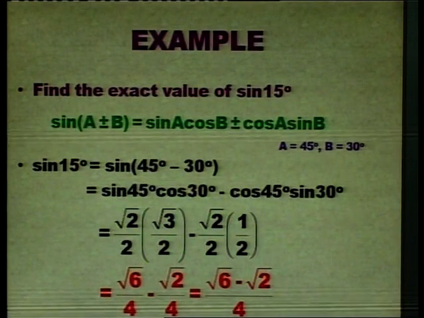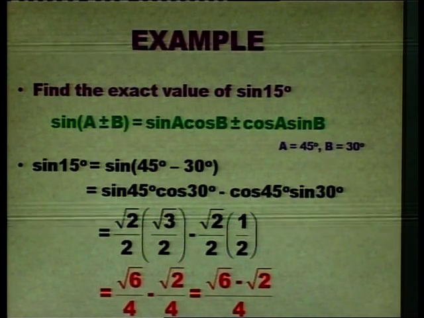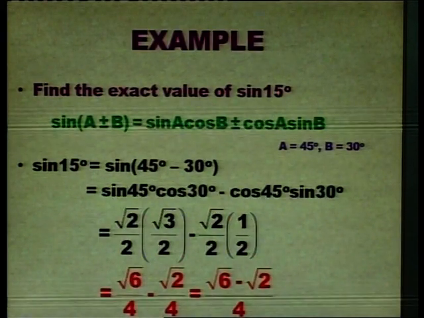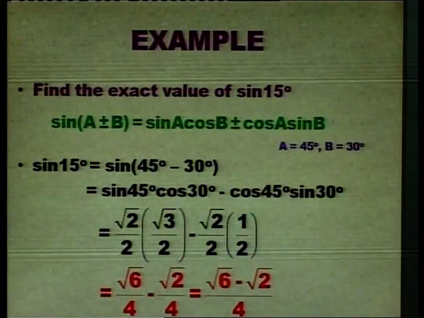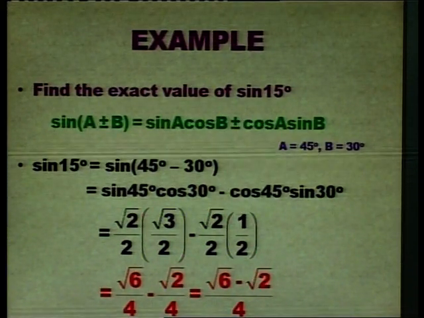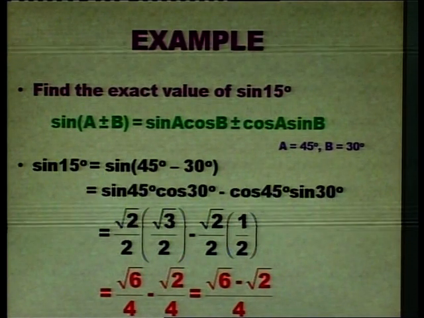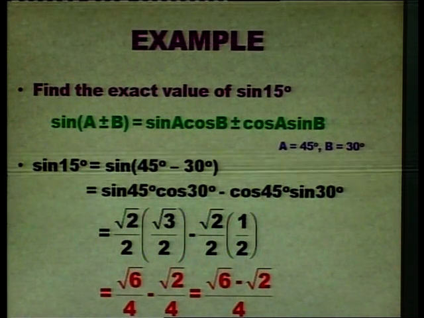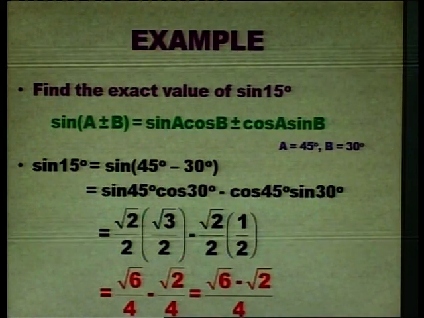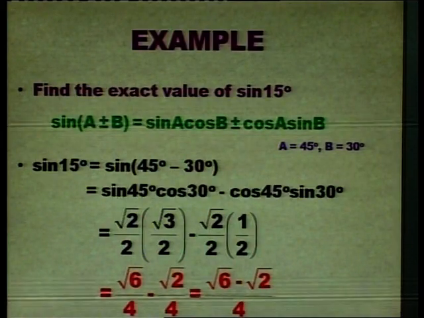Now, you use the formula for sine of A minus B, and that is sine 45 cos 30 minus cos 45 sine 30. And all of you know sine 45 is 1 upon root 2, cos 30 is square root 3 by 2, cos 45 is the same as sine 45, that is 1 upon root 2, and sine 30 is half.